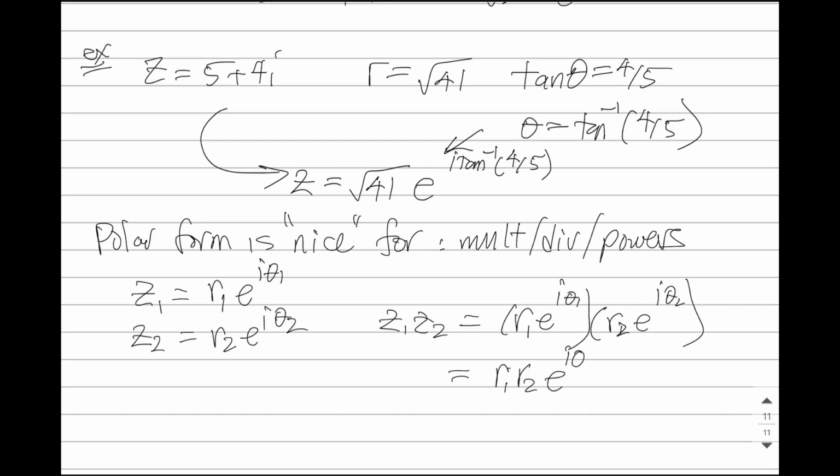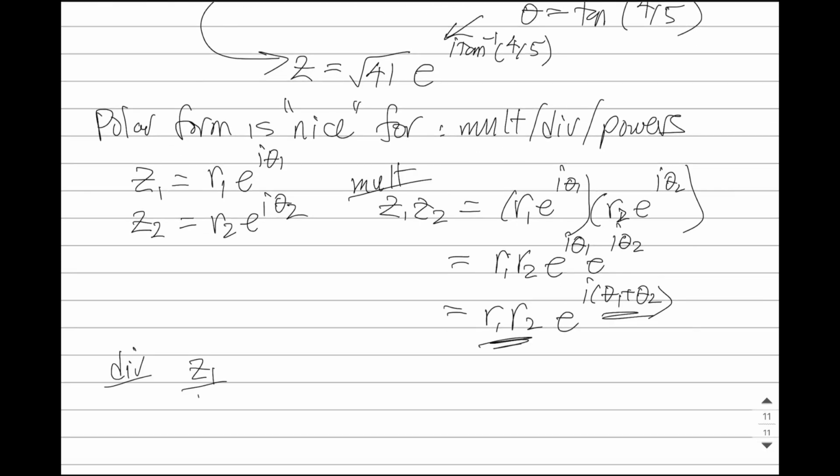So you'll get e to the i (theta 1 plus theta 2). So the magnitudes multiply, but the arguments add. If you're going to do division, z1 over z2, rather than adding the arguments, you are now going to subtract the arguments: e to the i (theta 1 minus theta 2). So very, very easy there.